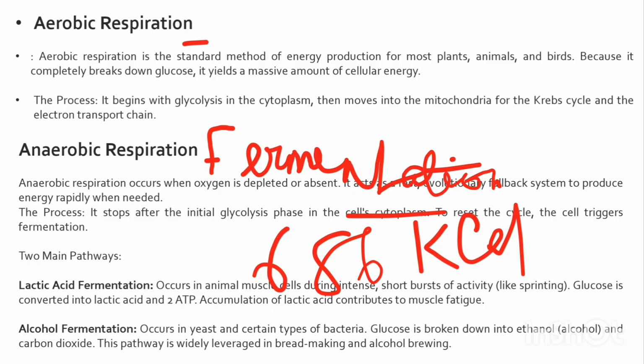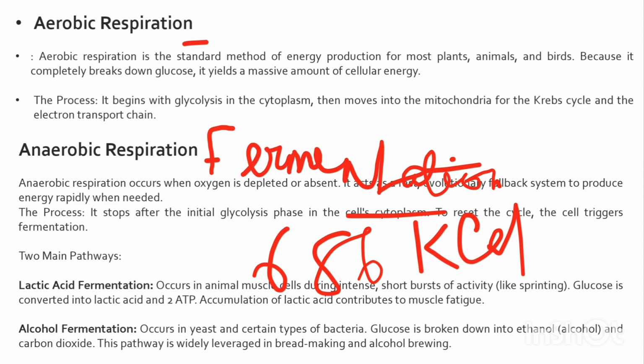Next, anaerobic respiration takes place without the participation of molecular oxygen, but it involves the incomplete breakdown of glucose. So here in anaerobic respiration, at first glucose breaks down to form pyruvic acid or pyruvate, and then to ethyl alcohol or to lactic acid.